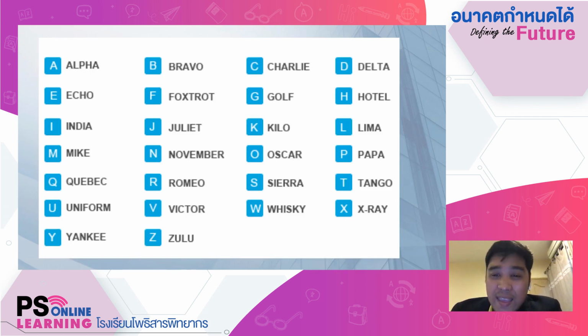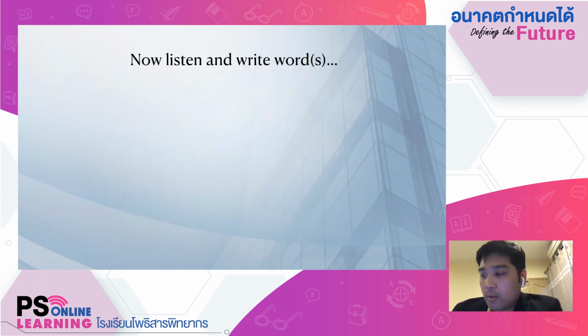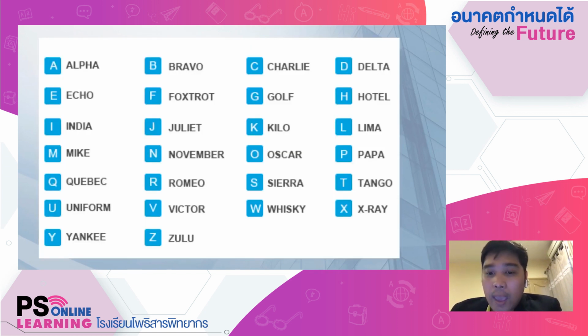Echo, E for Echo. Foxtrot, F for Foxtrot. Golf, G for Golf. Hotel, H for Hotel. India, I for India. Juliet, J for Juliet. Kilo, K for Kilo.